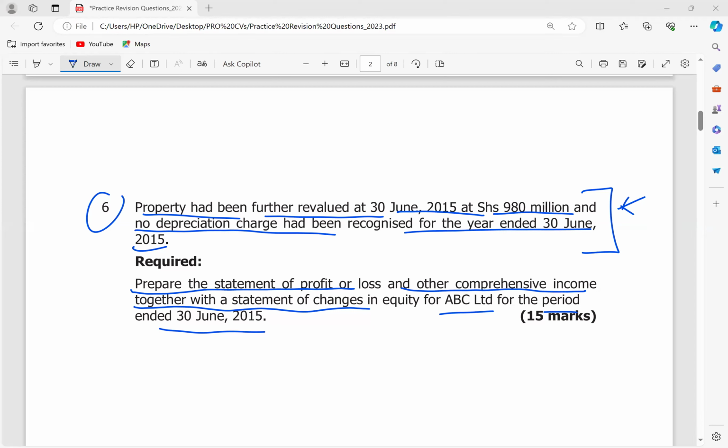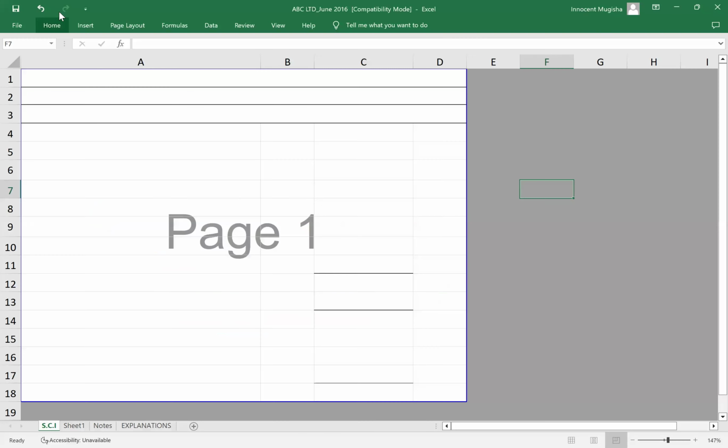So after understanding our required properly, we now move straight to our statements. I'll be discussing the format. So we begin with the title.